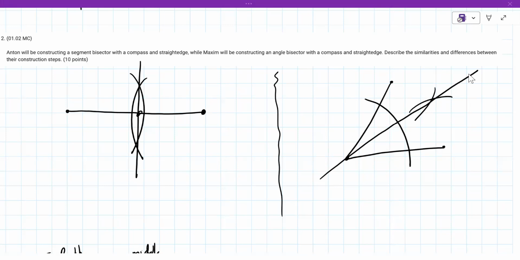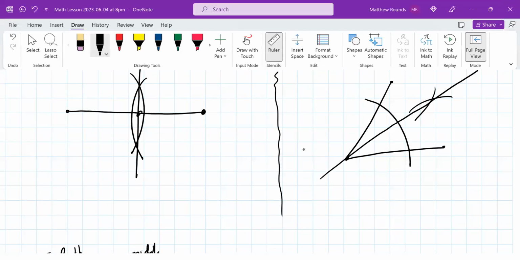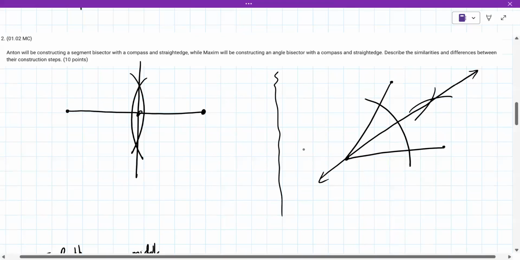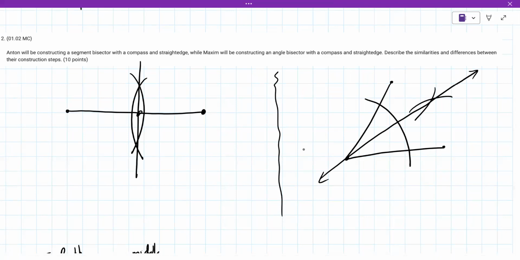But for the difference, if you're bisecting an angle, wouldn't it be more of a ray than a line? It could be a ray, it could be a line, but that is a difference.